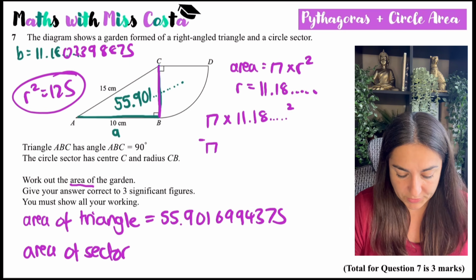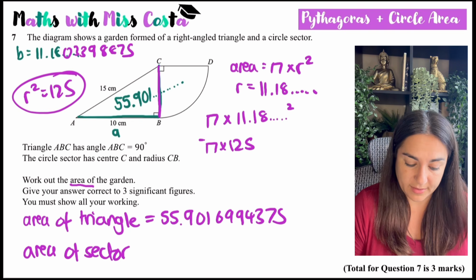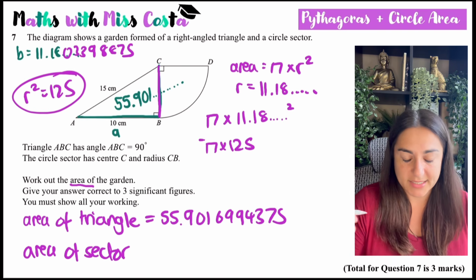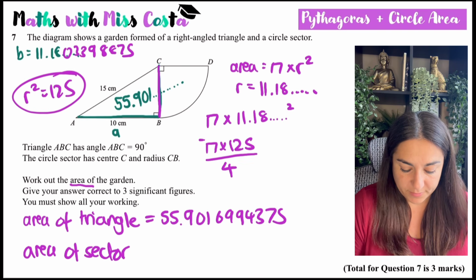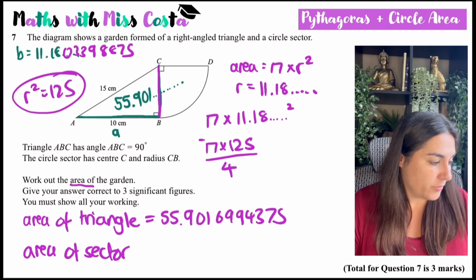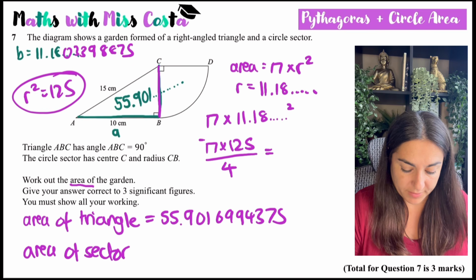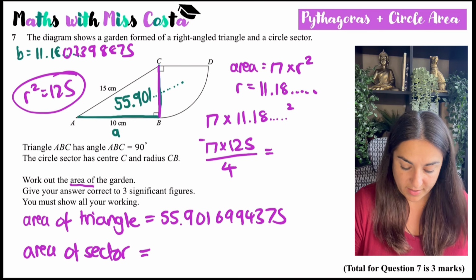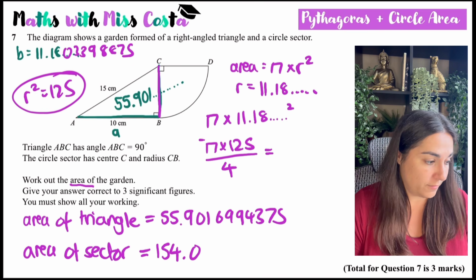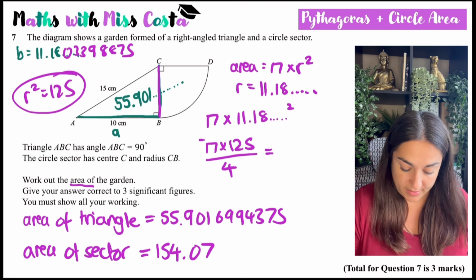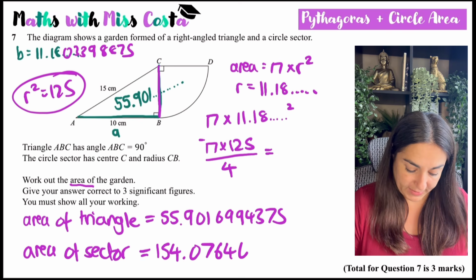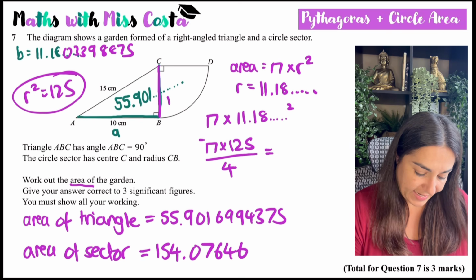So we could do pi times 125, because 11.18 squared is going to give you that, divided by 4, and 125 pi divided by 4 is 154.07646. So that's the area of this.